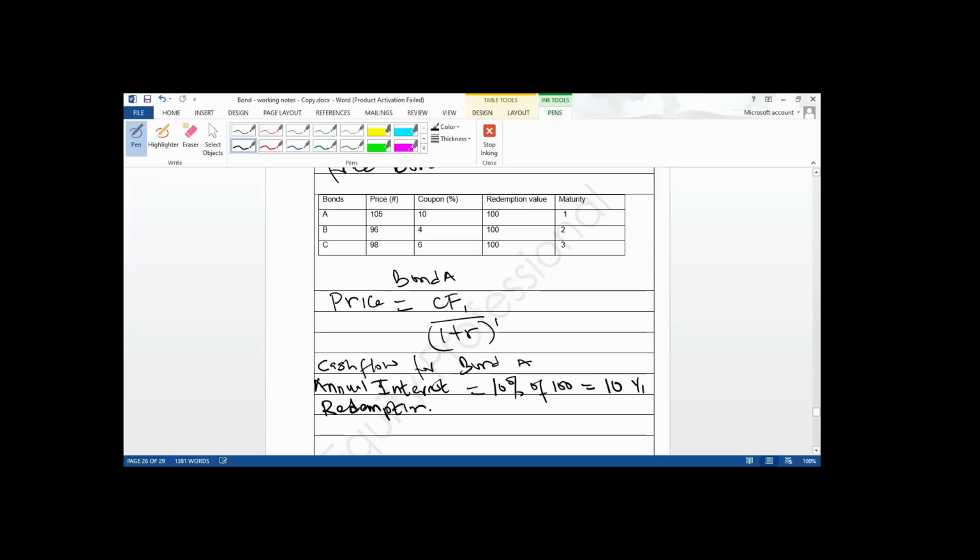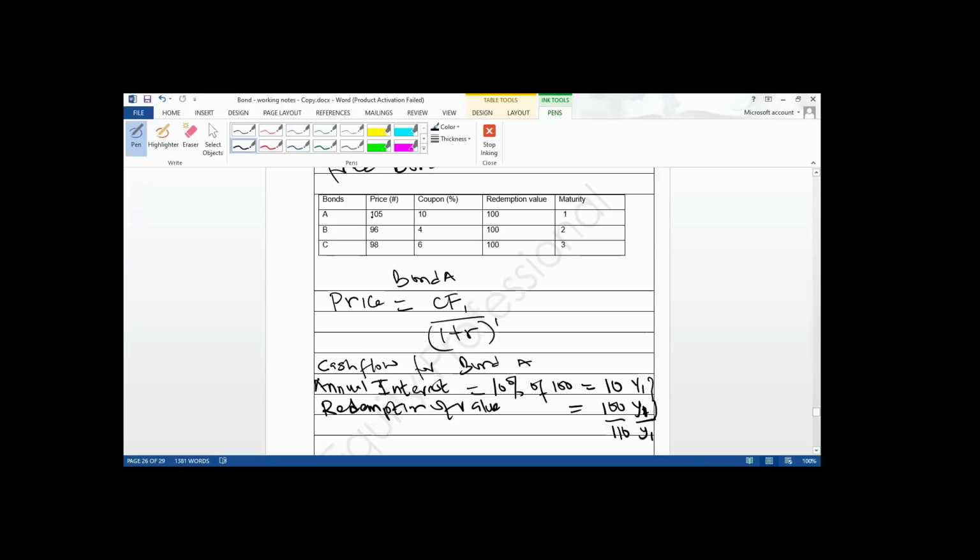The redemption value is 100, also in year 1. That means in year 1, both cash flows come together: 110.